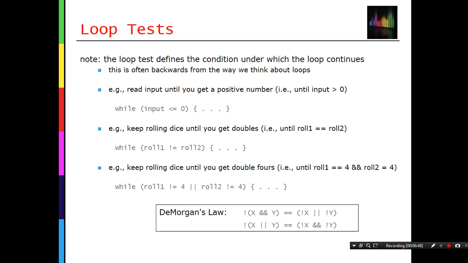So saying while roll 1 not equal to 4 or roll 2 not equal to 4 is the same as saying not roll 1 equal 4 and roll 2 equal 4, where we would say not on that entire test. That's equivalent to saying not roll 1 equal 4 or not roll 2 equal 4. In other words, roll 1 not equal to 4 or roll 2 not equal to 4.